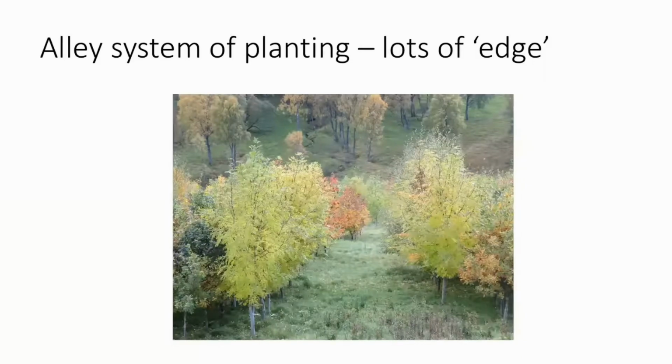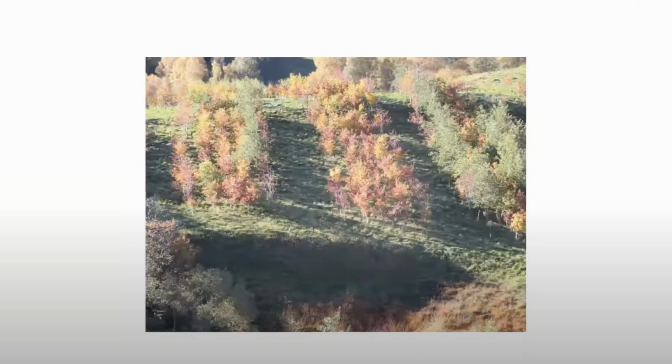But it also has a huge amount of edge habitat, and that from a biodiversity point of view is extremely good. It maintains a field layer through, which is good for the biodiversity. Here you can see it maybe a bit better there. So you have, in this case, oak grown in center lines and other species that can coppice grown on the outside. This, you can see a bit of alder there and other such species.